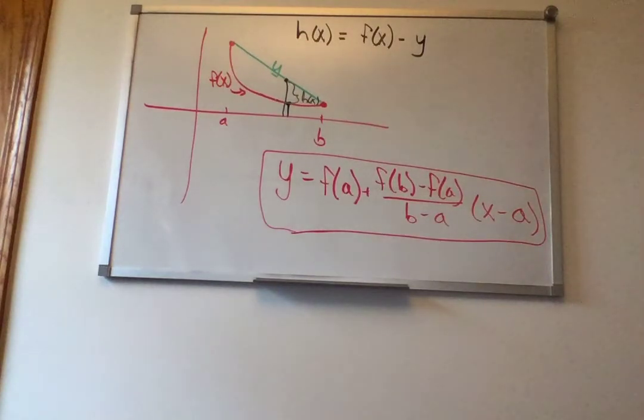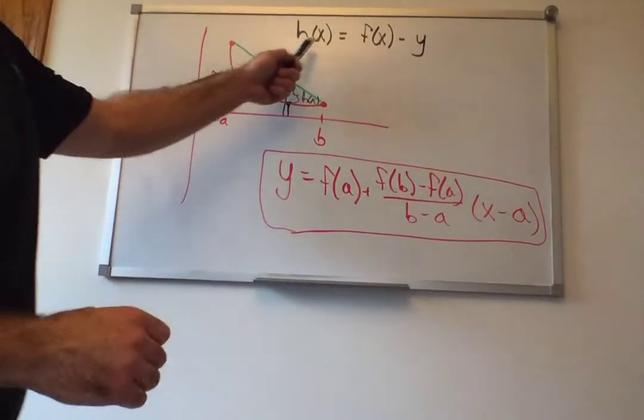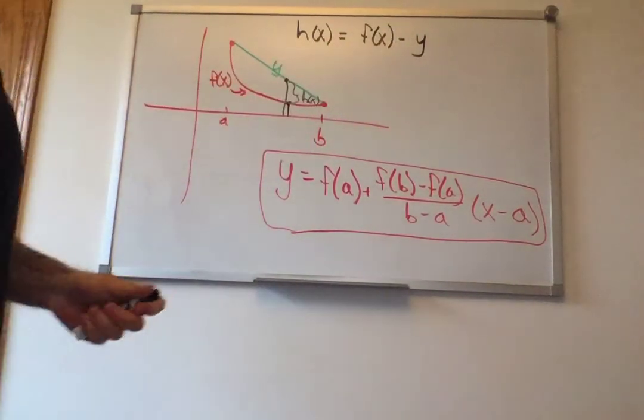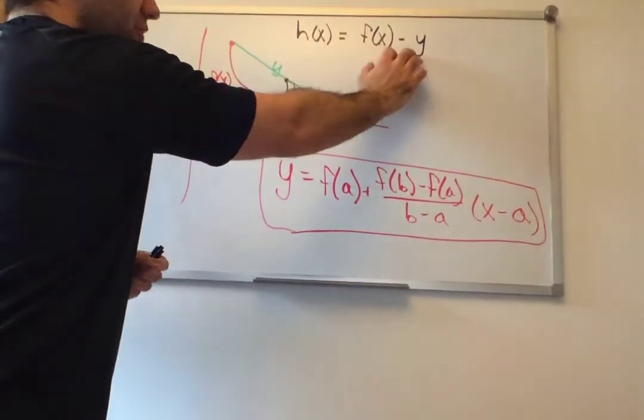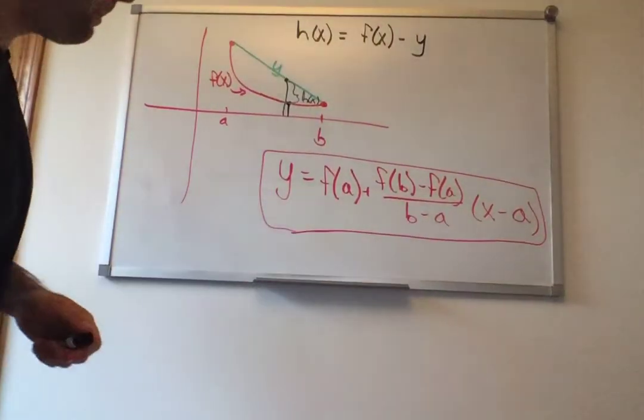Okay, so now we got a new function. H of x is equal to f of x minus y. So I'm going to erase everything and write what this equation looks like, but I'm going to plug in my y.